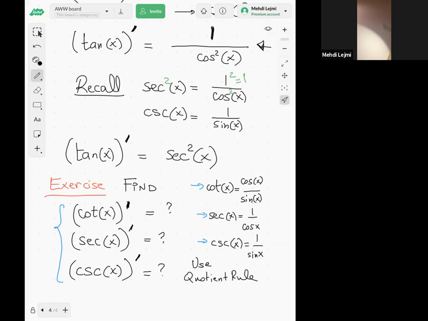Yes, Ibrahim, but actually it's minus cosecant square. Yes, Elias, absolutely. So it's minus 1 over sine square. Exactly, very good. It's minus 1 over sine square, which is minus cosecant square. Yes, absolutely, guys.